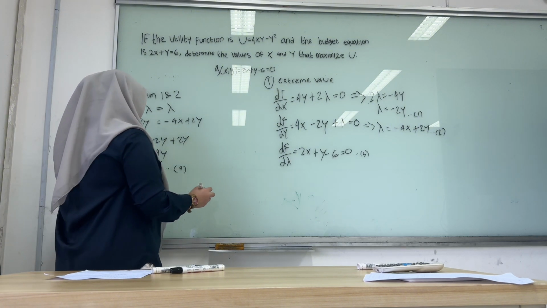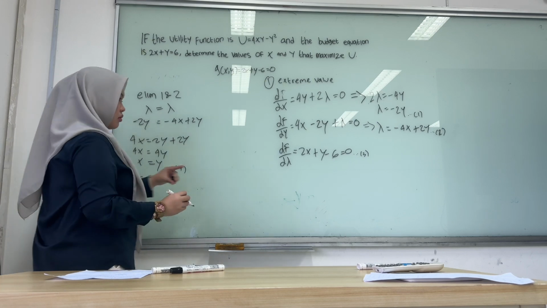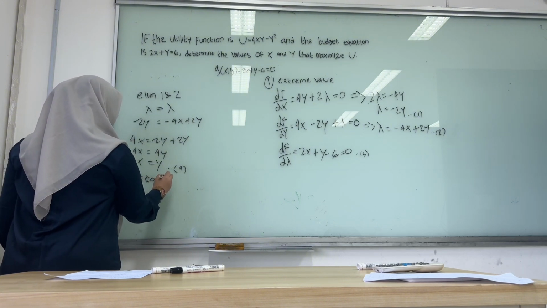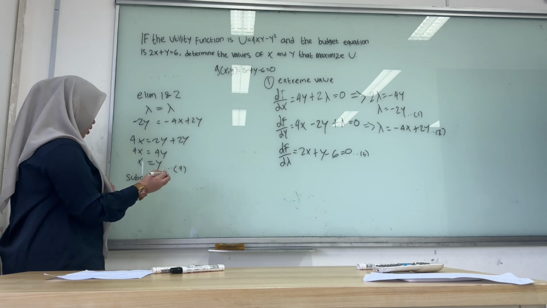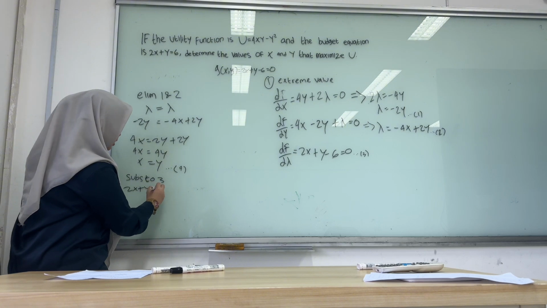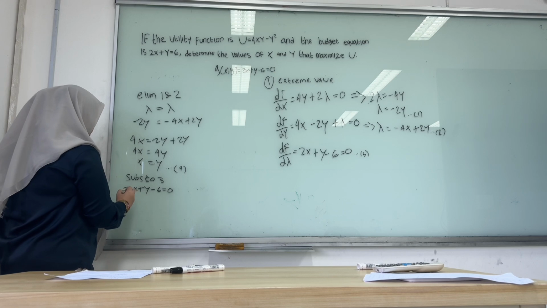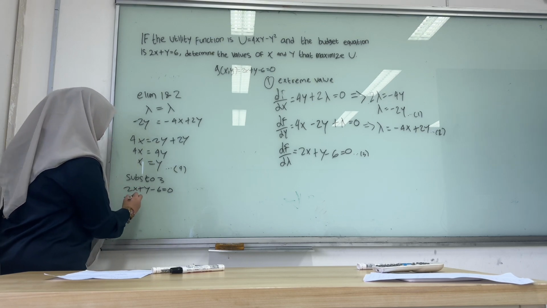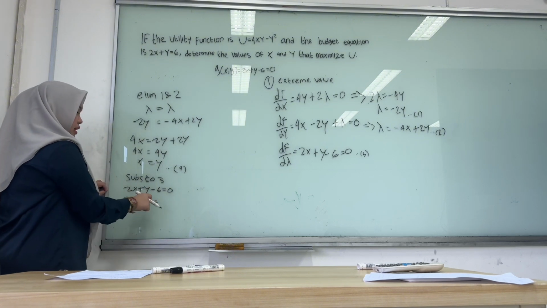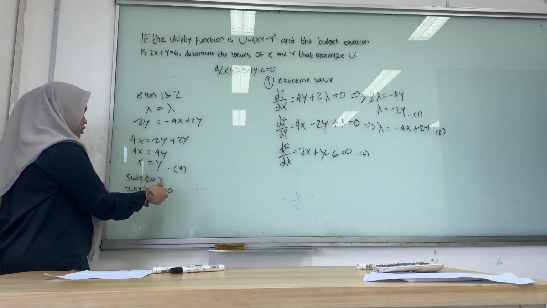And after that, we need to substitute into the third equation. 2x plus y minus 6 equals 0. We have x equals y, so we substitute x with y. 2y plus y. Move this constant over: minus 6 becomes plus 6.